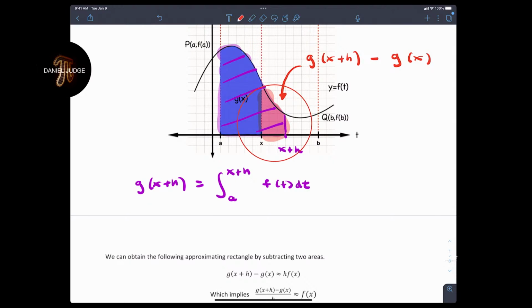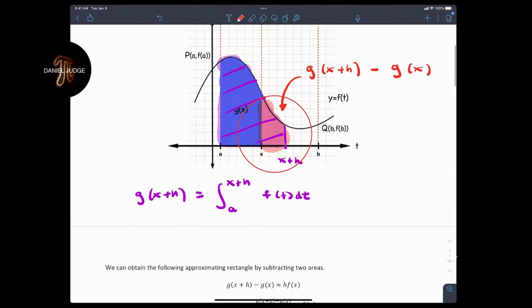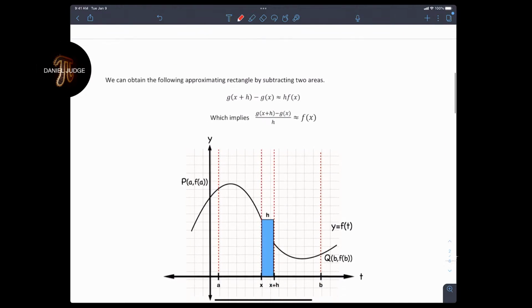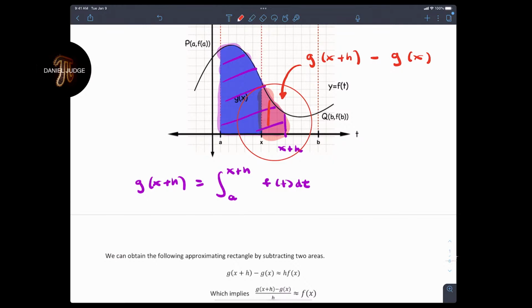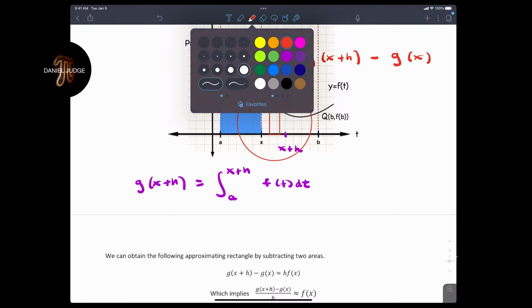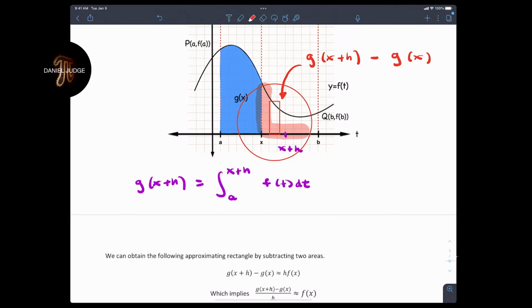And when I find that particular area, what I'll do is really focus on the approximating rectangle that we talked about here. So let me get rid of the purple portion as a distraction and remark that we are looking at this red area in detail. And we also have this approximating rectangle there.